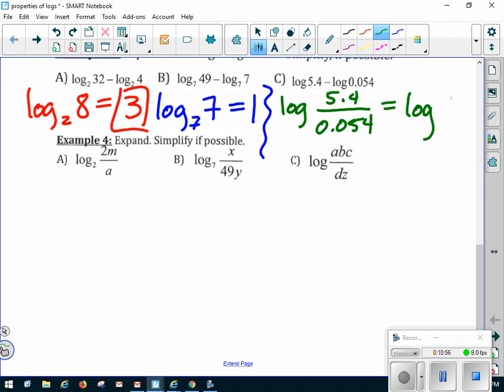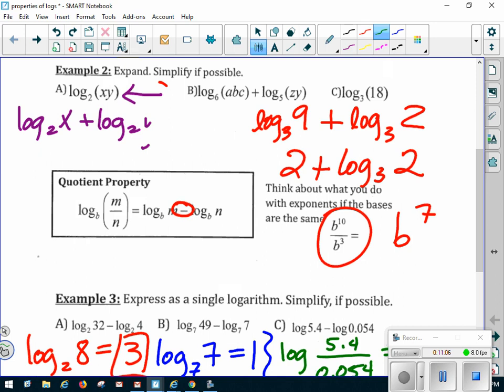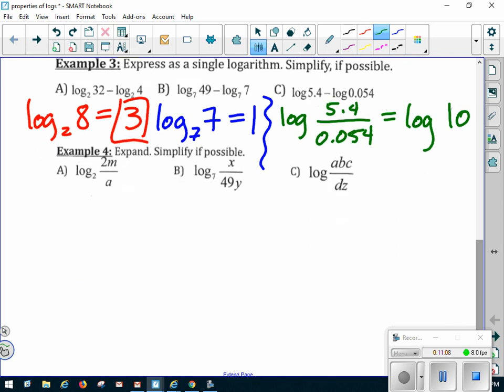What are you going to get? 100. Oops, 100. So what is the log of 100? How'd you get 2? Because the base is 10. Good. The base is 10.